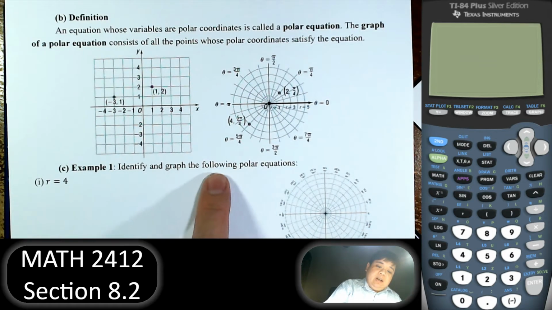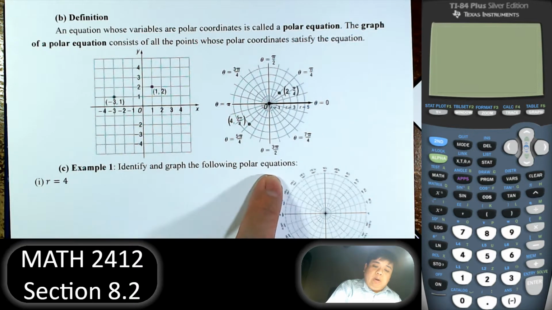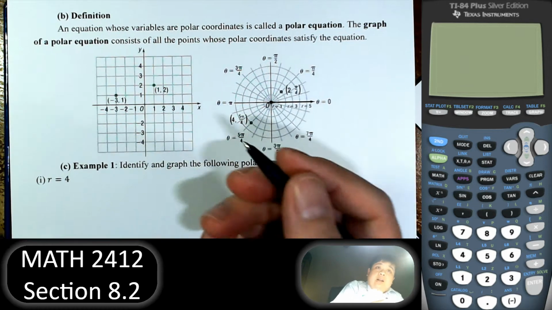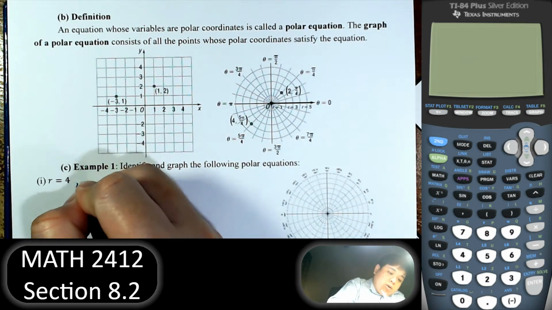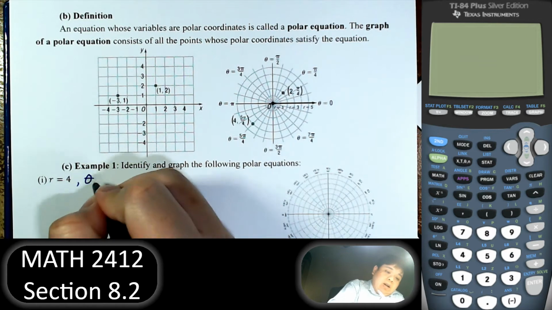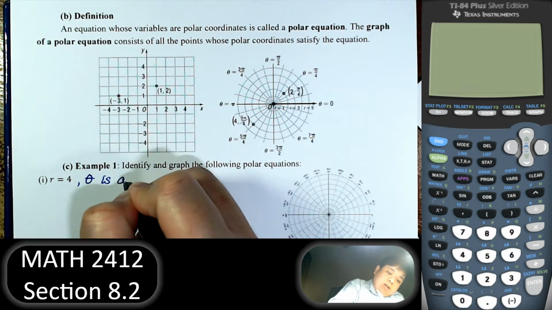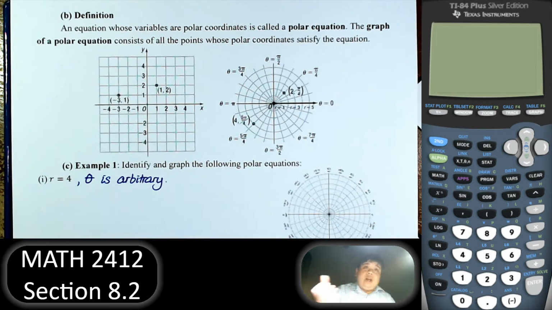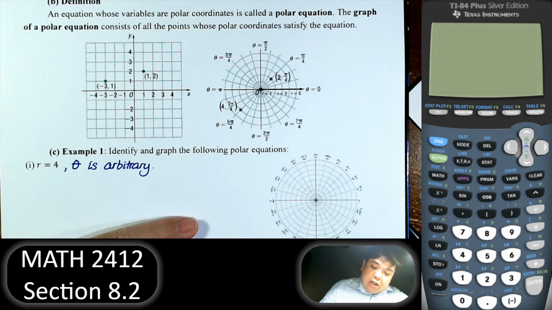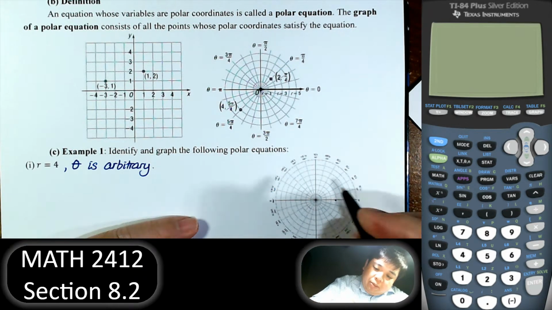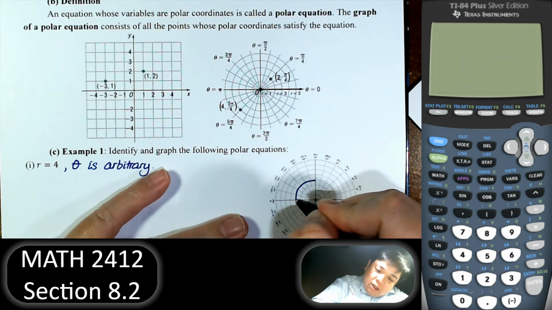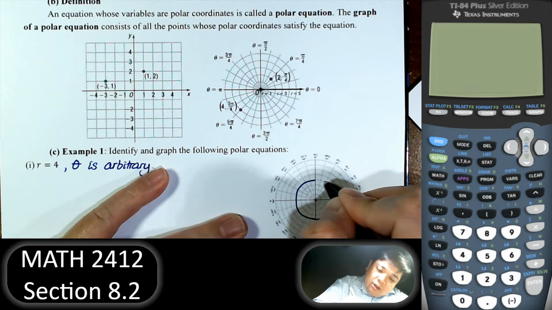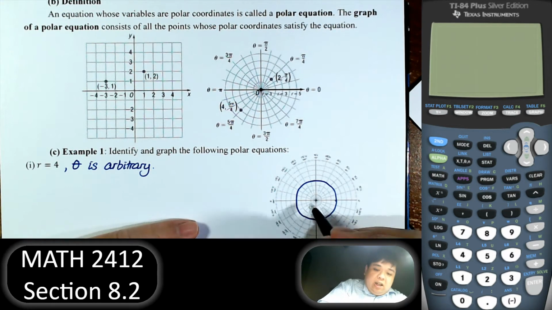Identify and graph the following polar equations. So first, r equal to 4, meaning that theta is not there, right? So theta could be anything, or we say theta is arbitrarily chosen. We can choose theta to be any value, but r is equal to 4, so 1, 2, 3, 4. Because of that, this will be a circle, radius 4, center at 0, 0.